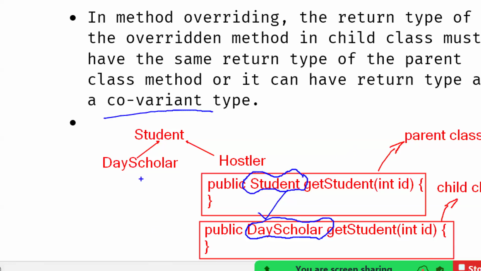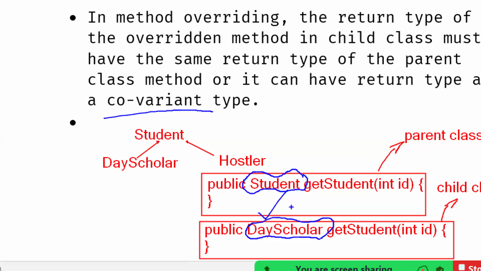Day scholar is a subtype of student, and hostler is also one more subtype of student. So now we can say both day scholar and hostler are covariant types of student. How many of you understood this point? Can I expect some response from your end? Hope everybody is clear with this.